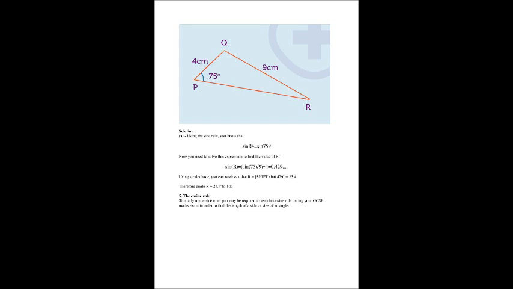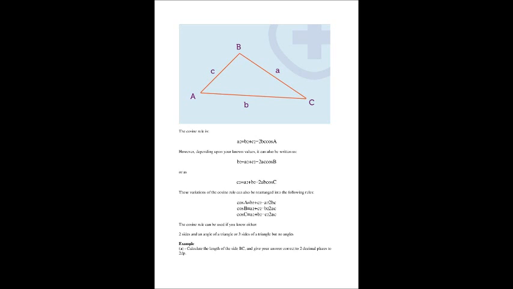2. Using Pythagoras in 3D shapes, higher tier. If you are sitting the higher tier GCSE Maths exam paper, you may be required to use Pythagoras' theorem to solve problems which involve right-angled triangles within 3D shapes. Example. Calculate the length of the diagonal AF.